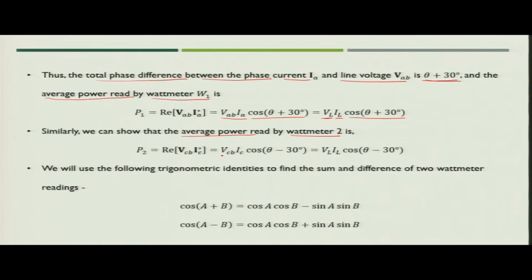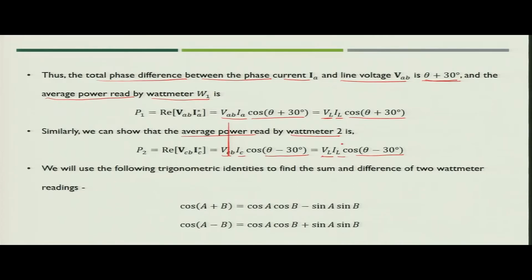So, you can write VCB IC cos(theta minus 30 degrees). Now, in terms of line voltage and line current, P2 will give you the value VL IL cos(theta minus 30 degrees).